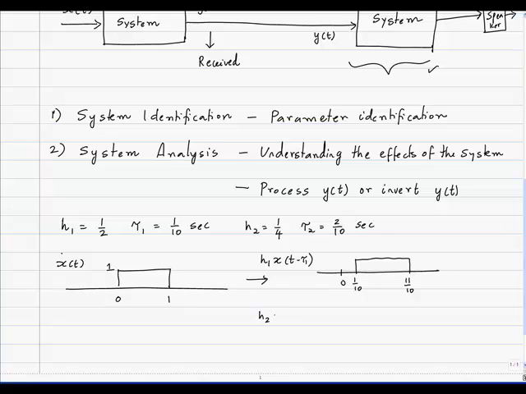Then I could take h2 times x of t minus tau2, which would be, say it starts at 2/10 and goes up to 12/10.